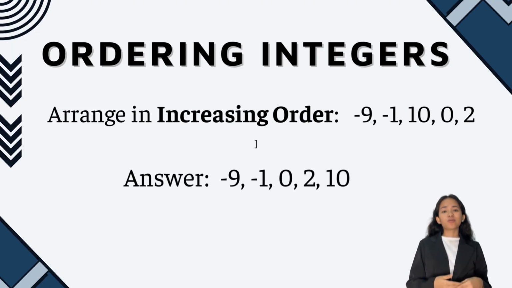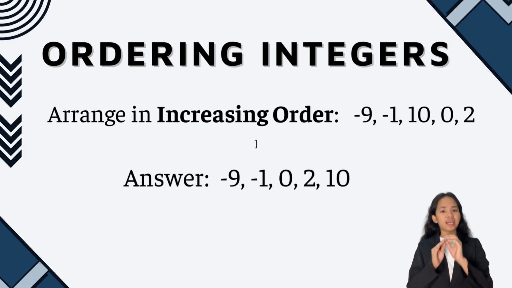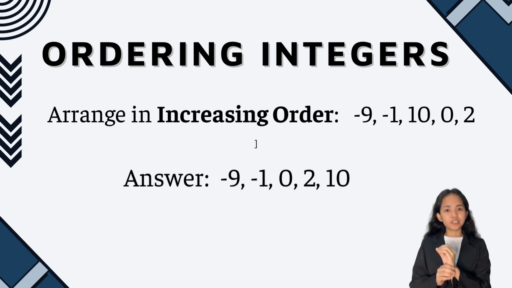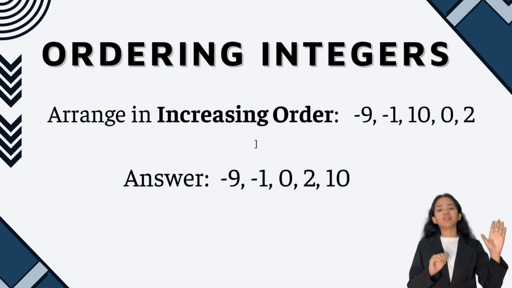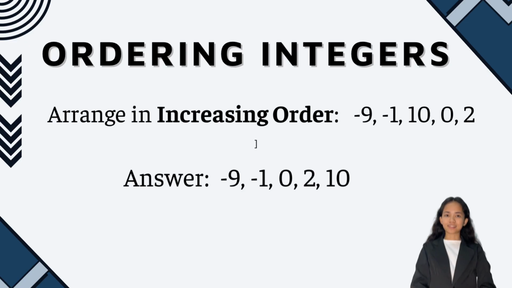The correct order is: the smallest negative integer from the 5 numbers is -9, followed by -1, and then 0. What comes after the 0? Correct, 2. And 10 is the largest among the 5. So are we clear, class?